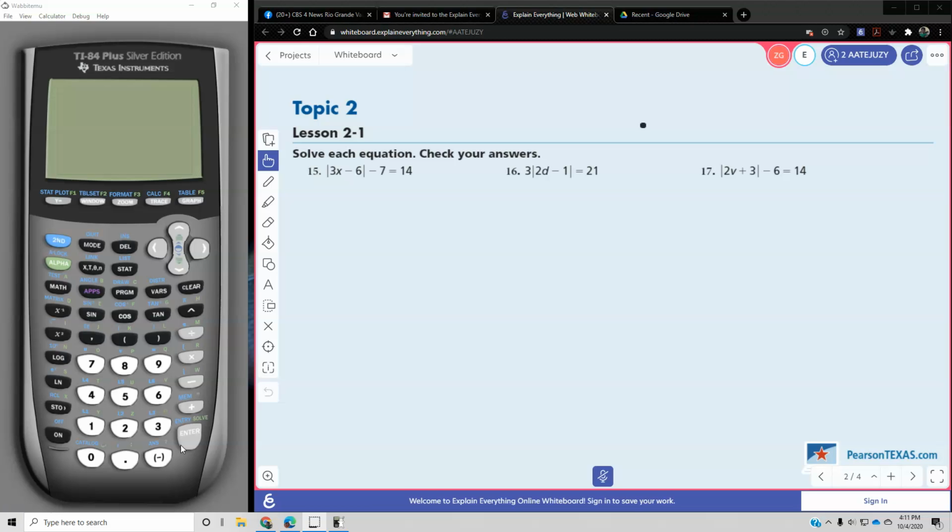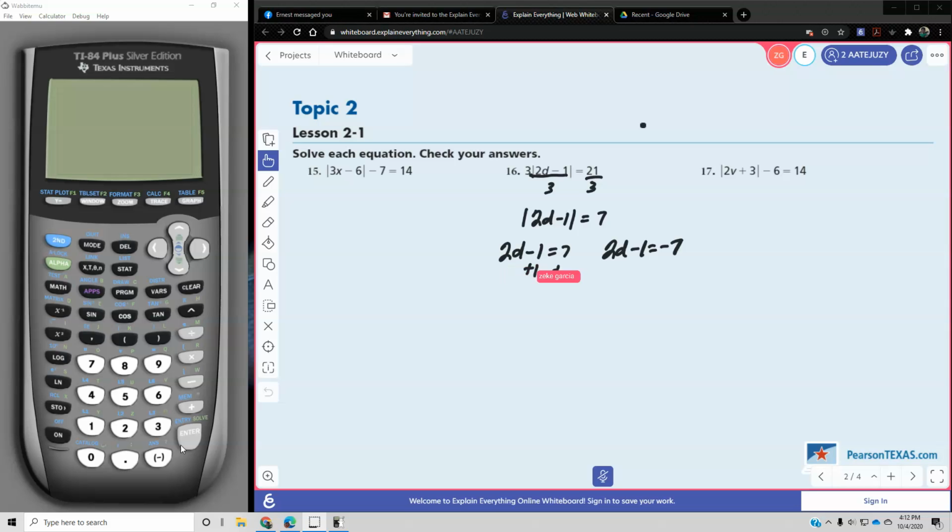Number 16, you have a 3 in front of the absolute value. So you have to divide by 3 first. Now you have the absolute value of 2d minus 1 equals 7. And now you can separate into the two equations. So you have 2d minus 1 is equal to 7, and you also have 2d minus 1 is equal to negative 7.